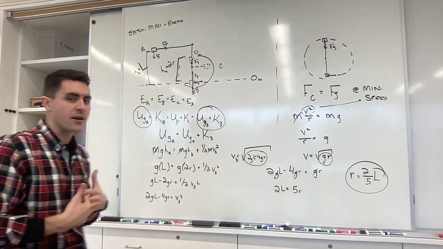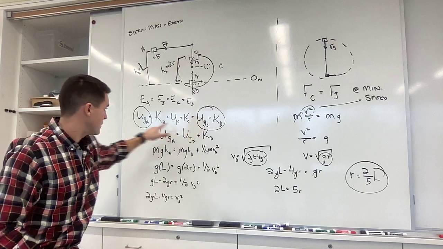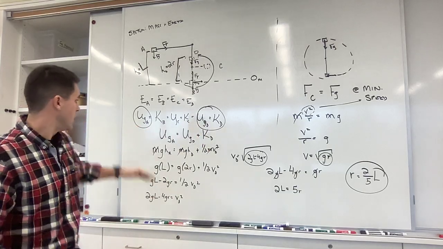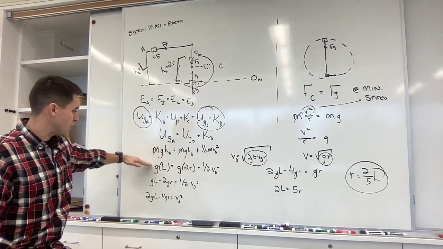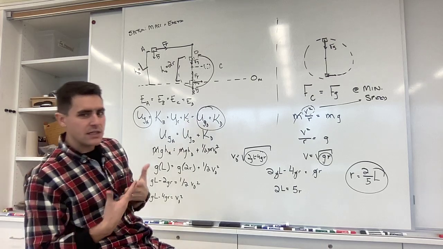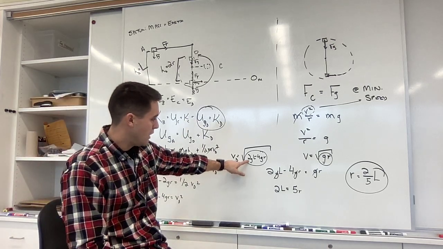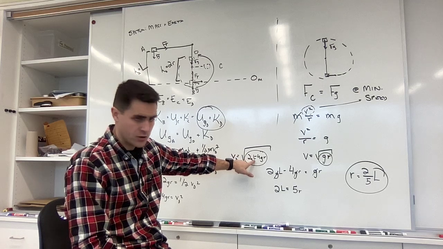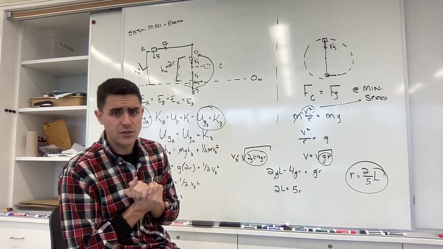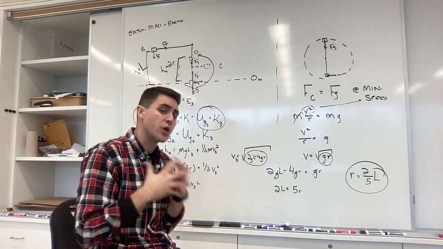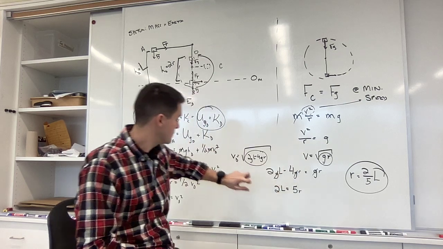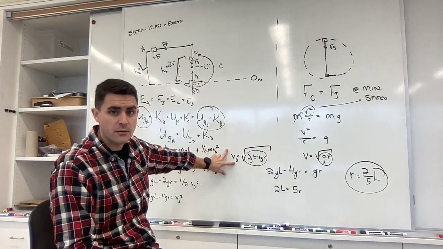We came back to energy using the two locations, A and D. We used conservation of energy and algebra to determine that the speed at point D was exactly the square root of 2G times the length of the pendulum, minus 4G times the radius of this circle. We now had two terms: minimum speed from our centripetal force, and speed at point D from our energy.